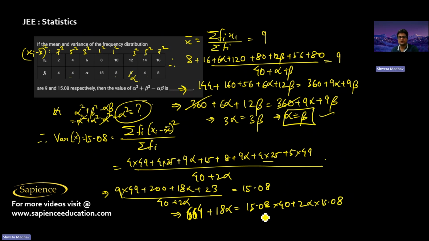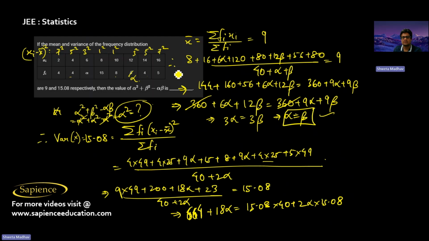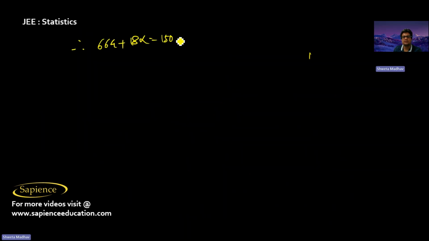So therefore, alpha we need to find out. So 664 plus 18 alpha is equal to 50.8 into 4 plus 30.16 into alpha.